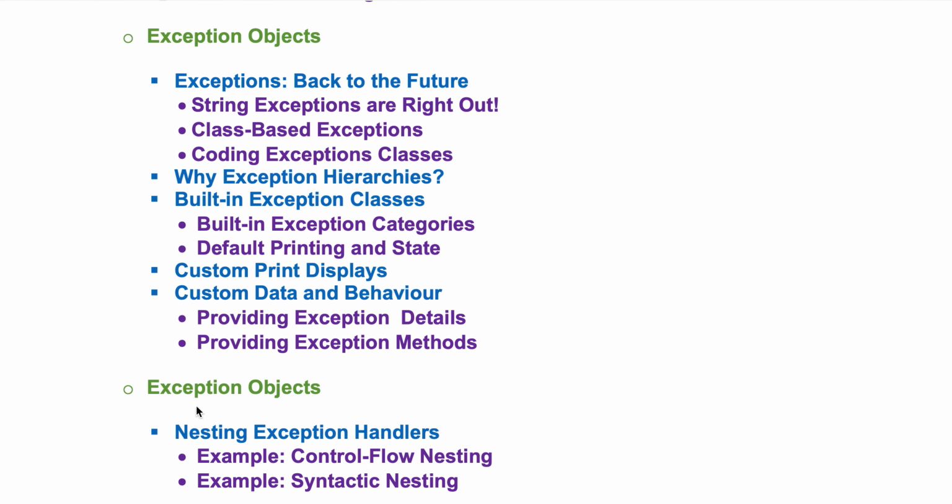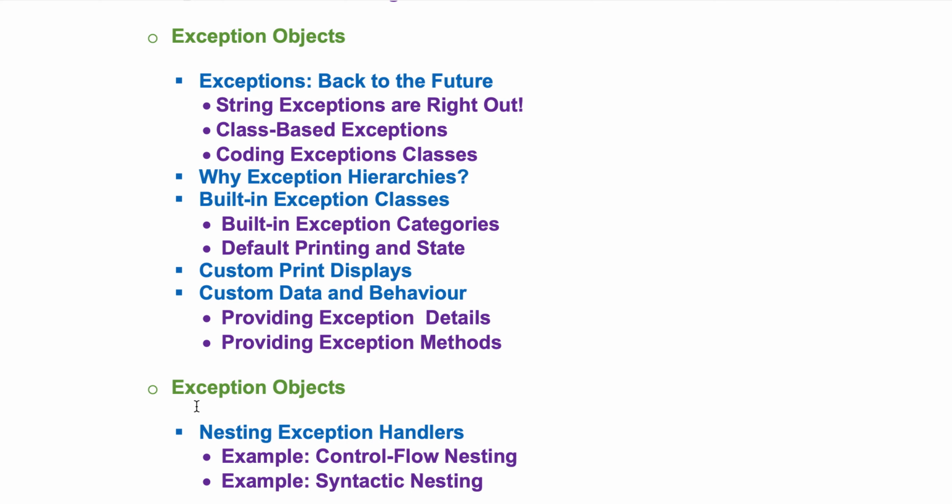So we jump to custom data and behaviors, where we are providing exception details. When an exception is raised, it may cross arbitrary file boundaries, and the raise statement that triggers the exception and the try statement that catches it may be in completely different module files, so it is not generally feasible to store the extra detail elsewhere.